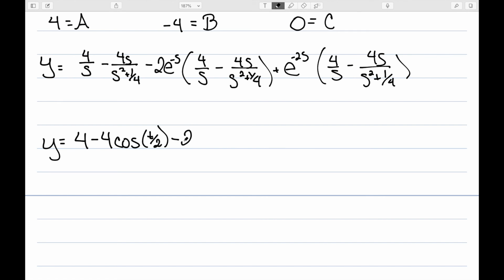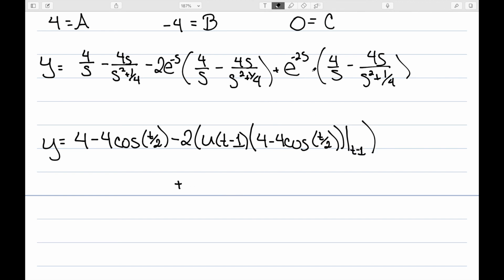I'm then going to have a -2 times, this e to the minus s means I'm going to have a u of t minus 1 times the inverse transform of this, which we just found, evaluated at t minus a, so evaluated at t minus 1, plus my third term, the e to the minus 2s, means I'm going to have a u of t minus 2 times the inverse transform of this, which we've already found, evaluated at t minus 2.